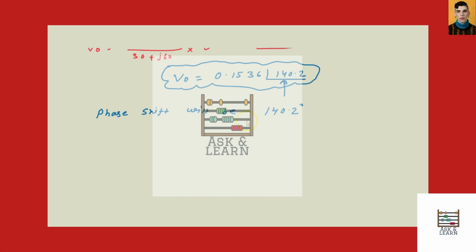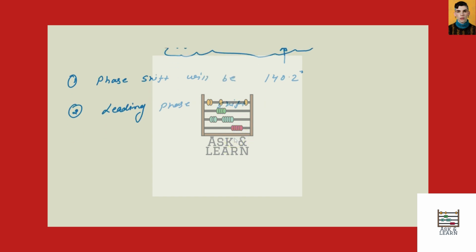Okay, in the second case they ask whether it is leading or lagging. Okay, so there is a positive angle. Positive angle means your angle will be a leading angle. Okay, so it is the leading phase shift.